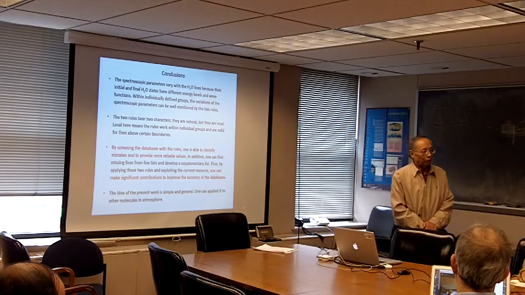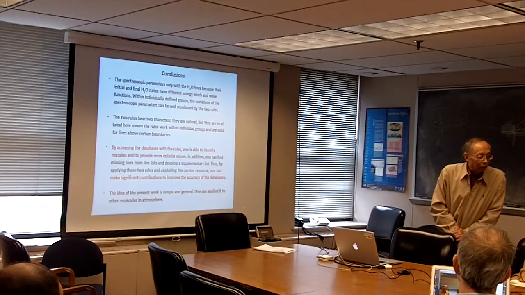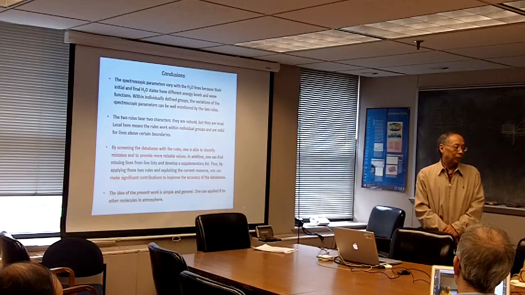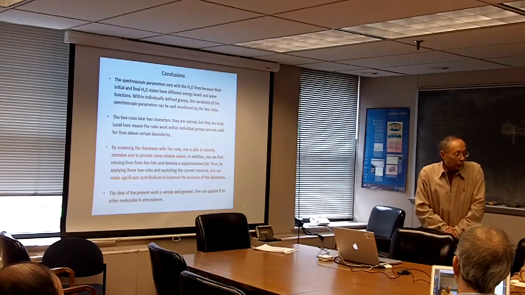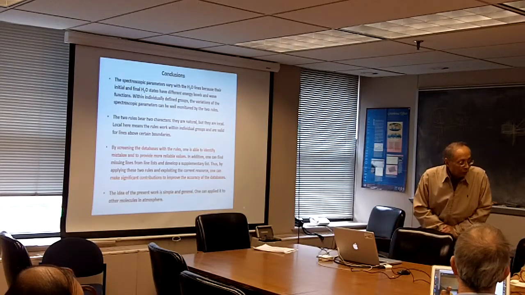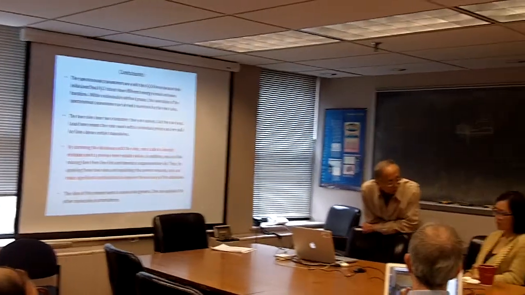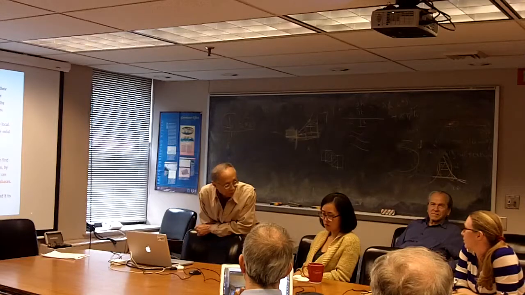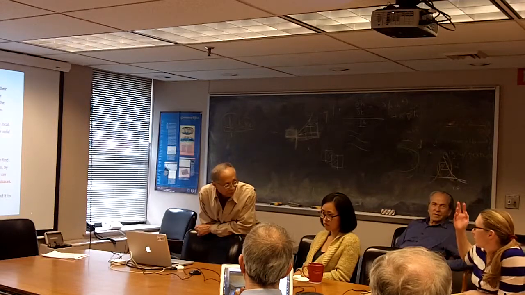Who uses the HITRAN database, and have these errors you identified been propagated elsewhere? Who uses the database? Are the lines in the database used when you do a satellite retrieval and interpret that, and you have a certain chemistry in the atmosphere?